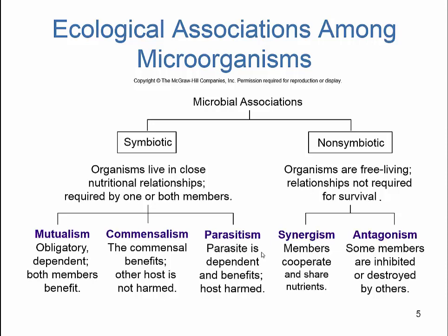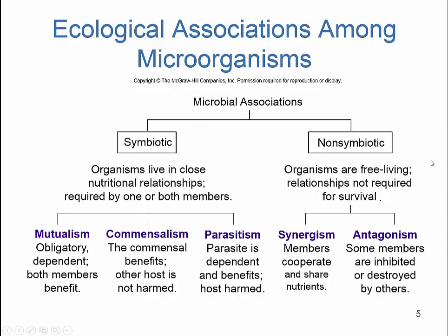We've discussed this term before in chapter 1. In parasitism, the microbe is on the host and only the parasite benefits. The host is always harmed. These are all symbiotic because they're living in close association, versus non-symbiotic, which are free living organisms.